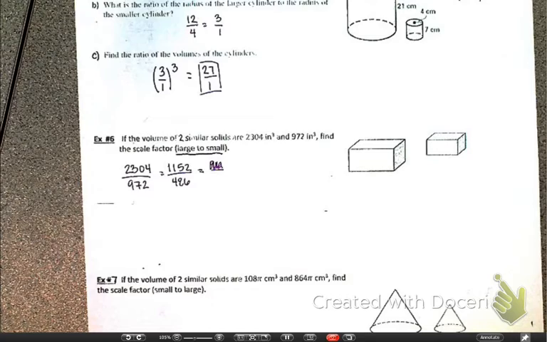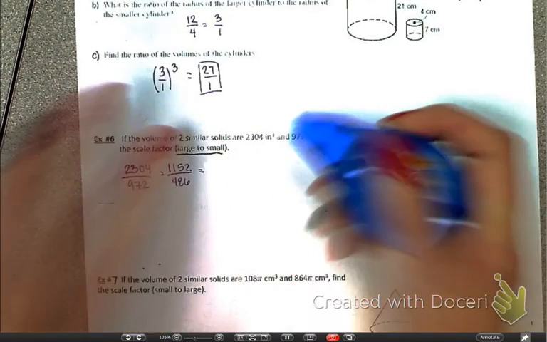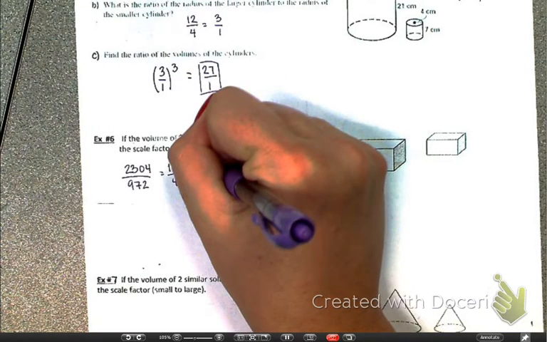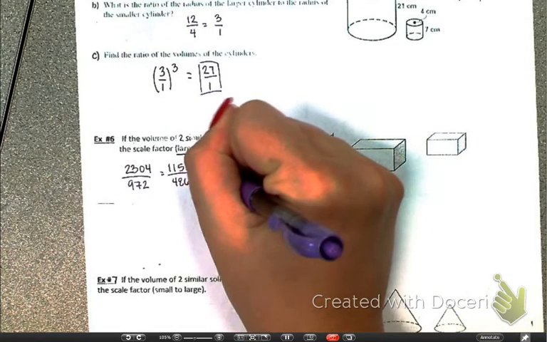What else can I try? 18? Someone said 18. 1152 divided by 18 gives me 64. Yeah, that's good. And 486 divided by 18 gives me 27.